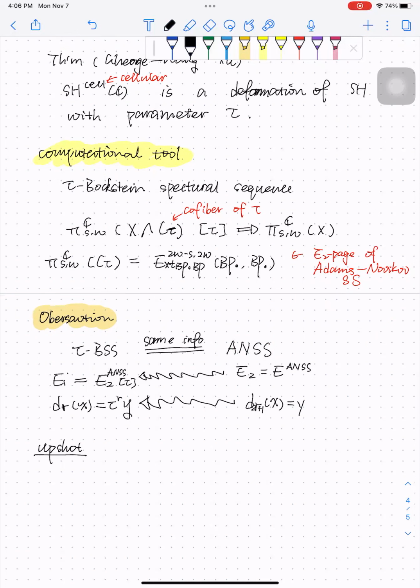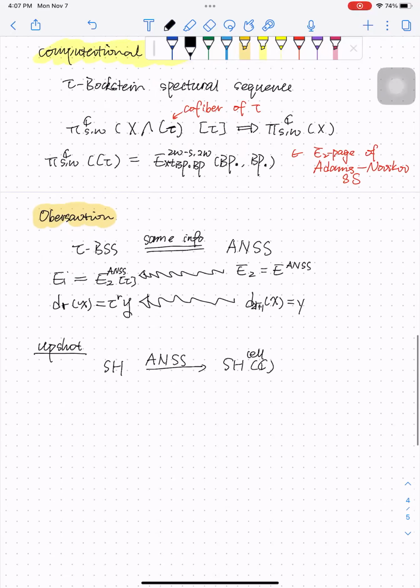So let me write this down. From SH of C, or more precisely the cellular part, we can understand it via the Adams-Novikov spectral sequence.